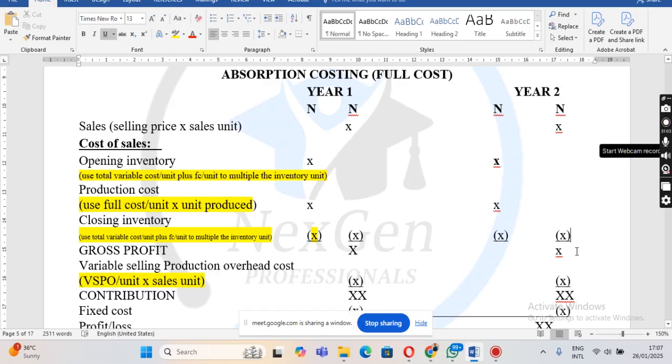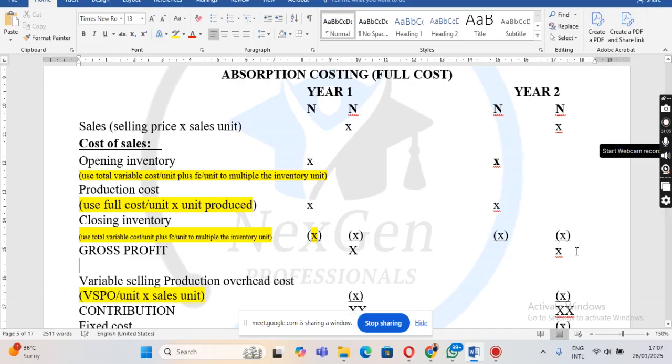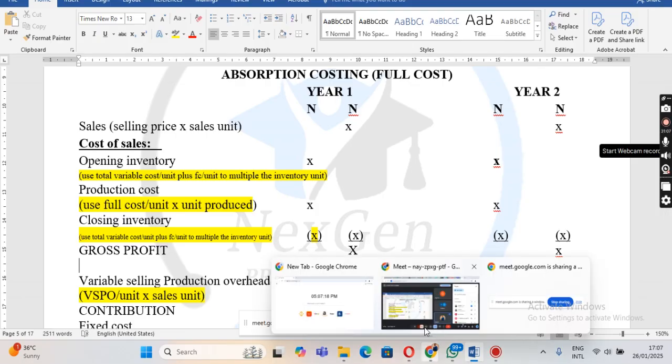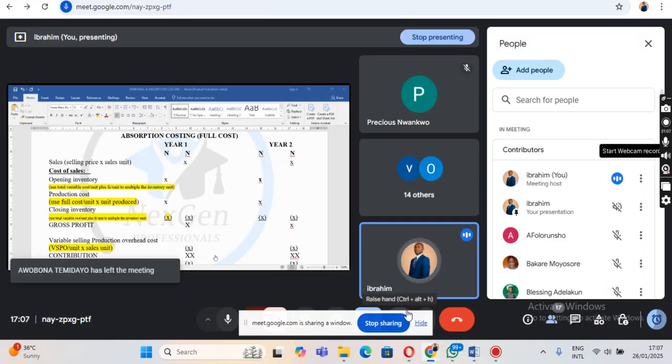Now, the question is, you're supposed to ask, what about variable selling production overhead? Class, variable selling overhead is an expense you incur when you want to make a sale. So therefore, the variable selling overhead will be treated as an expense under absorption costing.